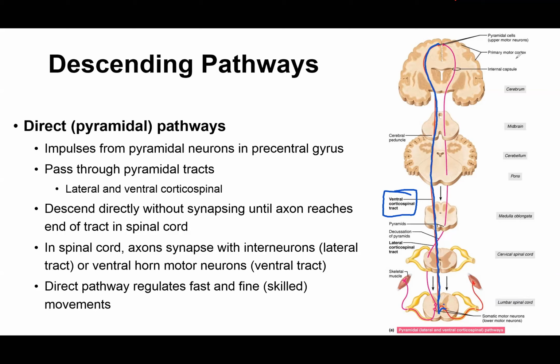It's going to cross over and synapse on its lower motor neuron. And then that lower motor neuron is going to exit the spinal cord and go out and innervate and synapse on the muscle. Okay, so that's the ventral corticospinal tract. And we call it that because you can see that it is synapsing in the ventral horn.